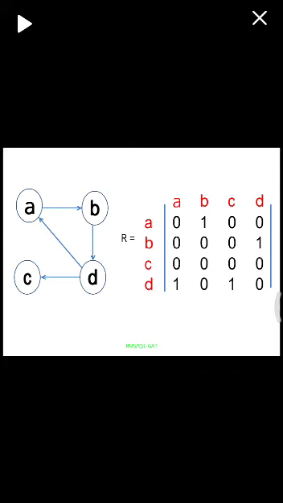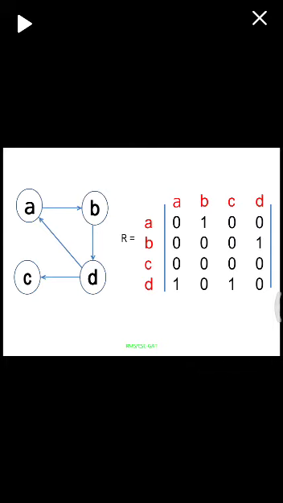In the adjacency matrix, the main diagonal should include all zeros, meaning there is no edge from A to A, B to B, C to C, D to D. So the main diagonal is 0. If you have a direct edge from one vertex to another vertex, we should write 1. If there is no direct edge, we should write 0.